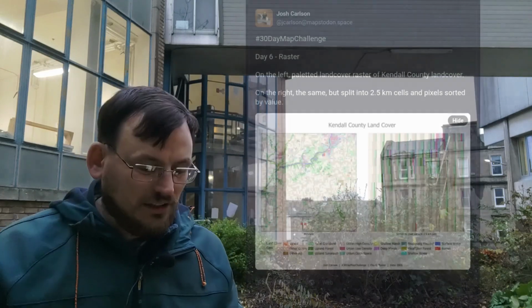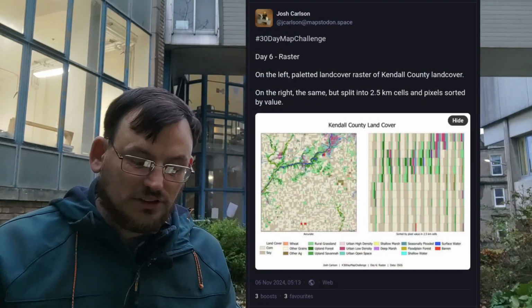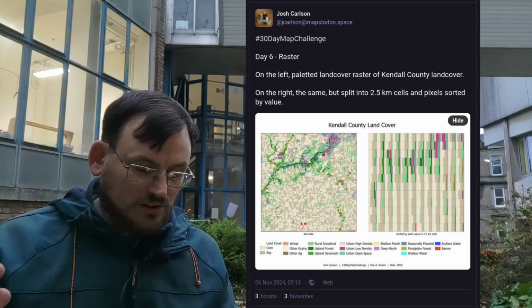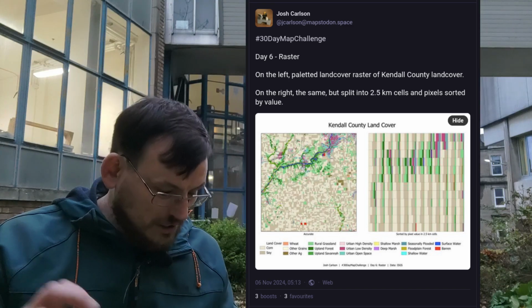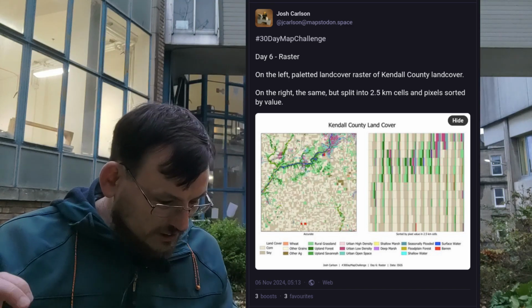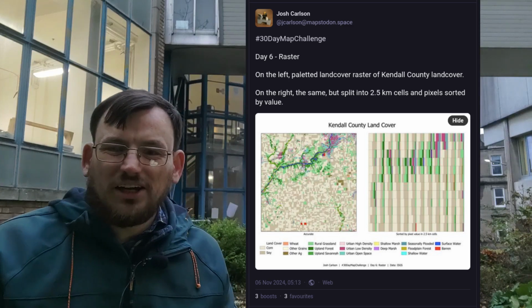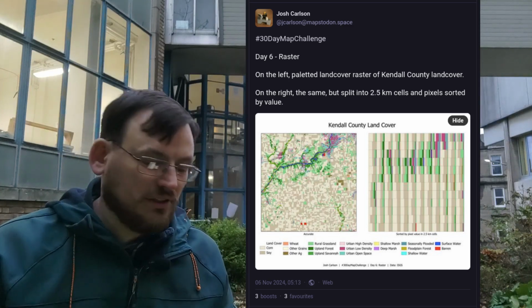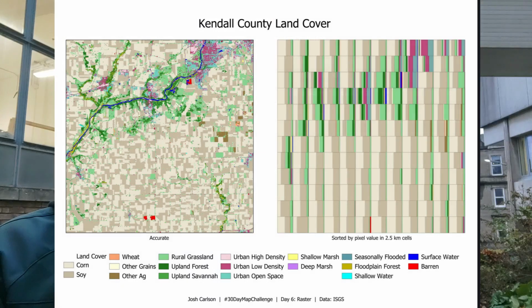And Josh did something slightly different, but sorted the cells by their colour, the land size. So it's again pixelating it deliberately to create a visual stimulation, I think.